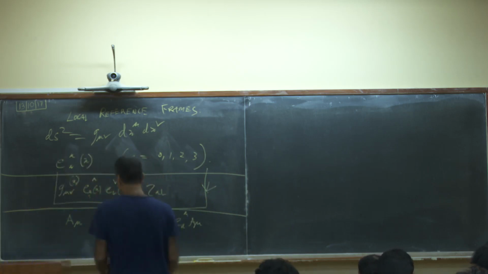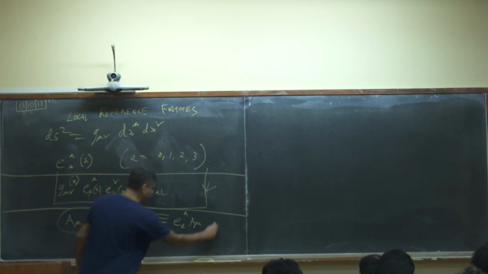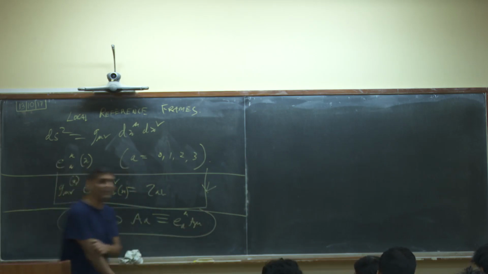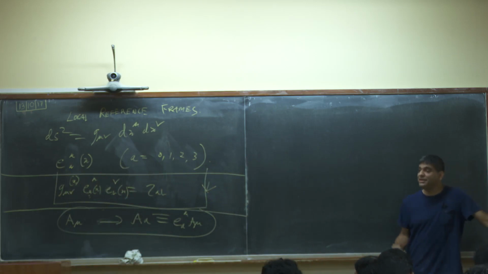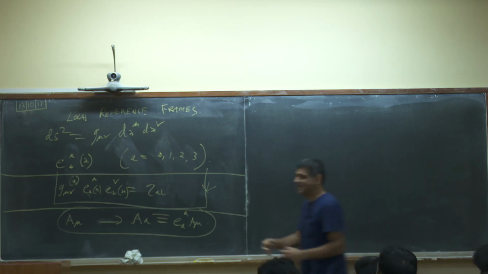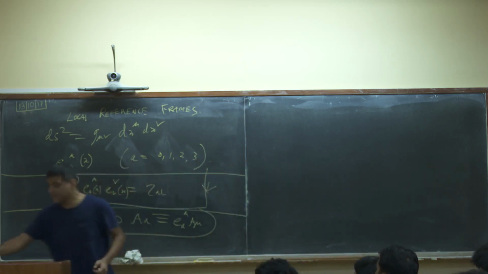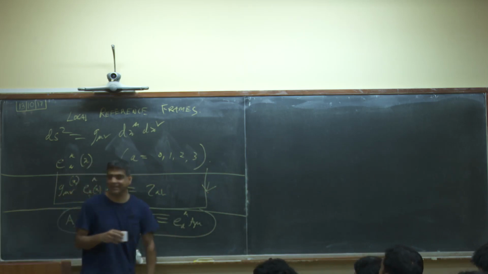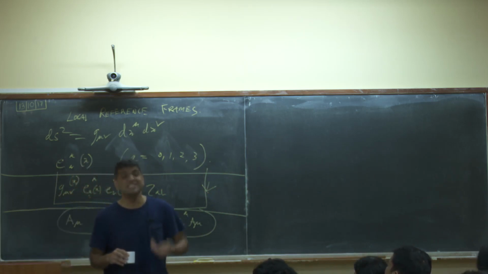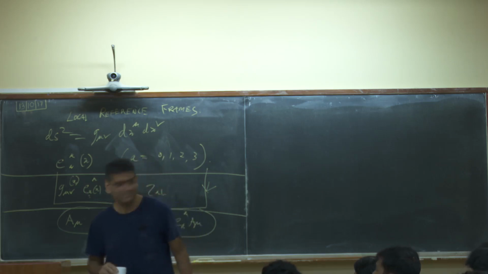Now, the question we're going to ask is, suppose I am interested in writing my equations of motion, or writing geometrical equations, not in terms of A mu, but in terms of these projection vectors. Is it possible? How can I proceed?